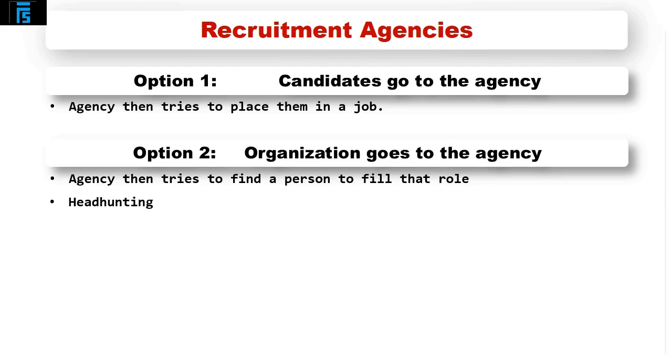Before we start looking at that, just be careful, because there are two different ways that recruitment agents work. Most of you will have come across a recruitment agent. What happens with a recruitment agent is you go to the recruitment agent with your CV, you have an interview with the recruitment agent, and they will then get jobs given to them by various companies, and they will recommend you for certain of those jobs.